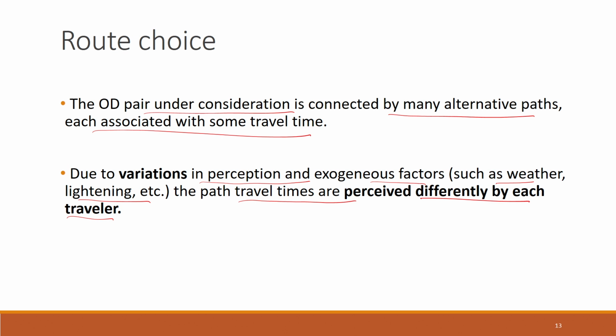But the second individual might not perceive the same travel times because he might have a different perception, or there might be uncertainty in the information. So he might assume that the travel time of the first path is say 16 units and the second path is say 10 units. In that case, he will take the second path.